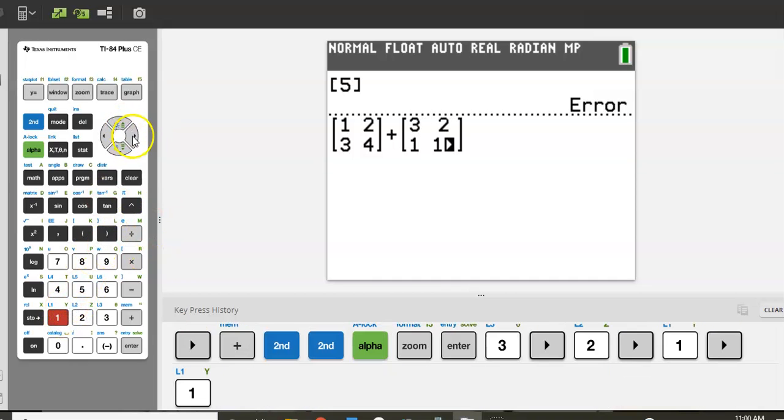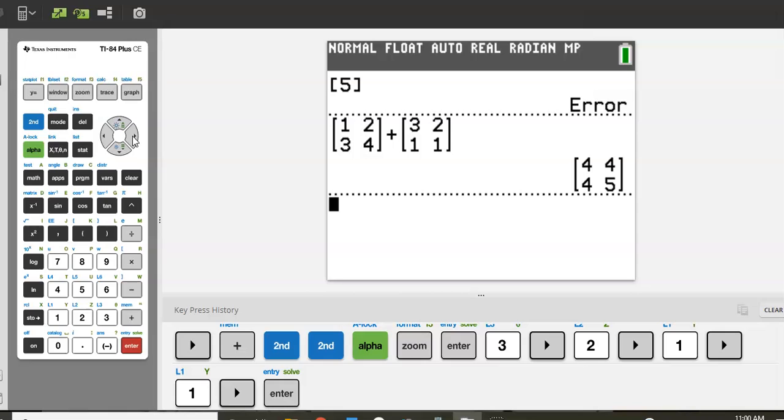If I go 1 plus 3 is 4, 2 plus 2 is 4, 3 plus 1 is 4, and 4 plus 1 is 5, I get my answer, 4, 4, 4, 5. So matrix addition is really, really easy. You have to try to get those ones wrong.